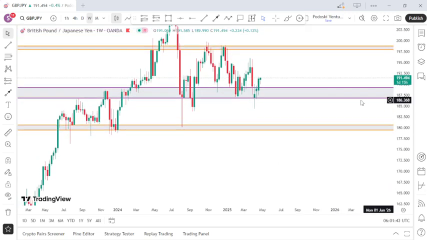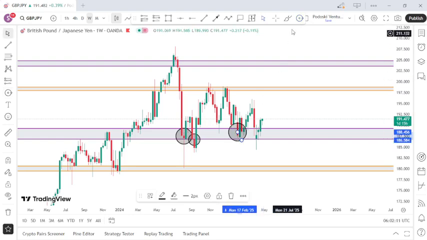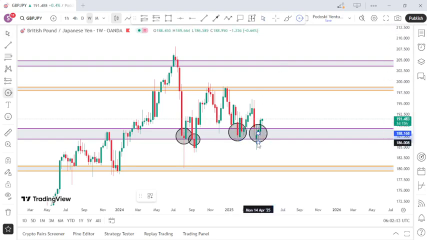Okay, so here we are on the weekly, and I have my weekly upper zone here, my weekly lower zone here. On the weekly time frame, you can see that price is in an uptrend. Price is pushing to the upside, which we saw on the monthly. So these were the rejections coming in, and if you watch closely, you can see the rejection, another one, another one, and this one was the recent one.